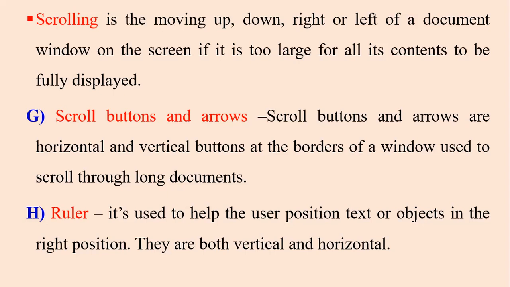So the ruler is mostly found on the windows for applications which are involved in creation of a document or a file. It is used to help the user position text or objects in the right position. They are both vertical and horizontal.